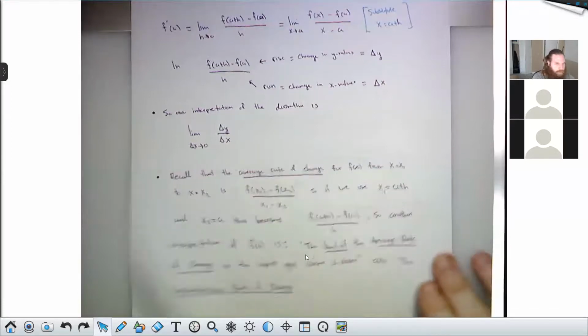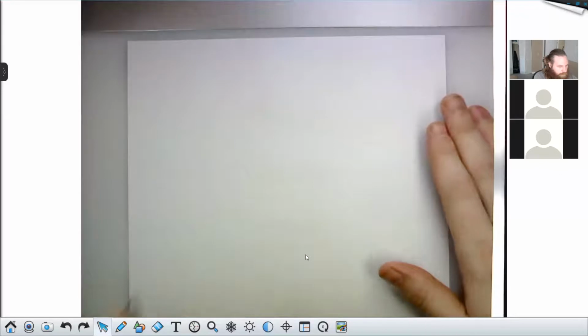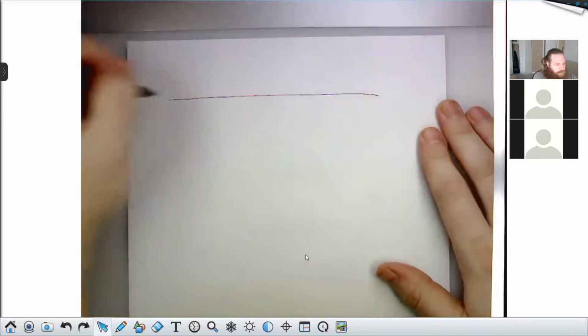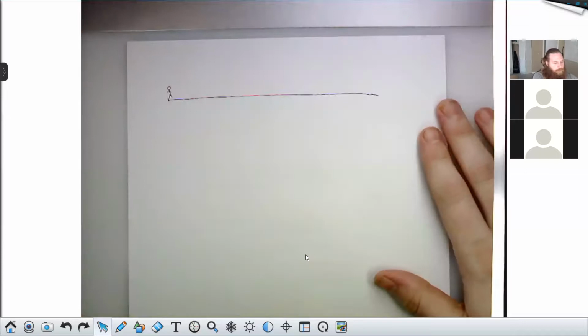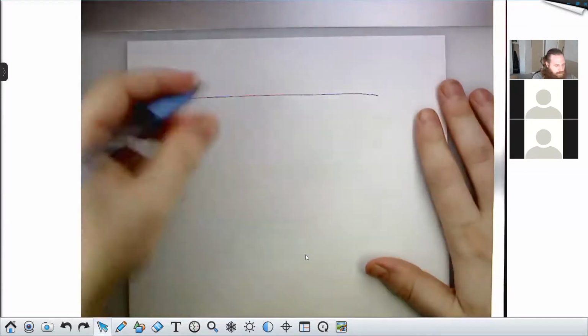So in the following example, someone has strapped me to a horizontal track. Here is the horizontal track. Here's where I'm going to start out. And they tell me, all right, we want you to walk down to here.